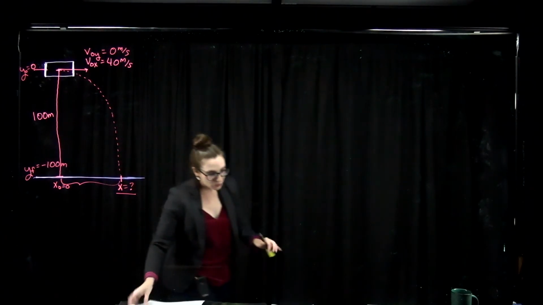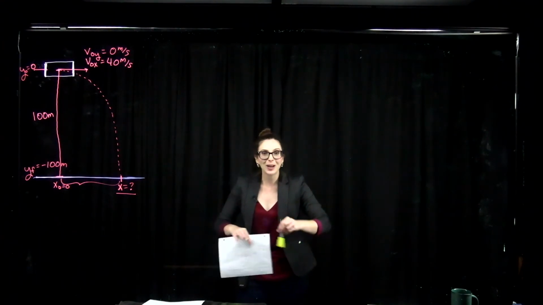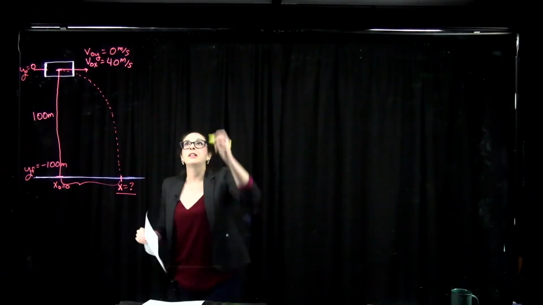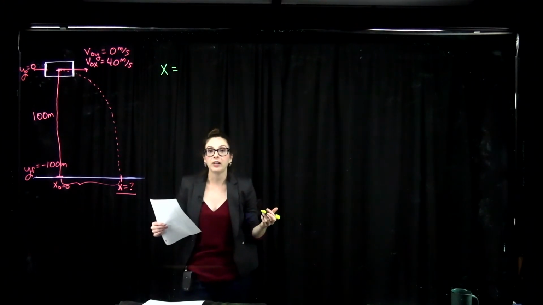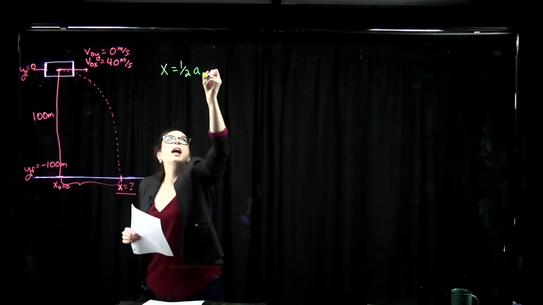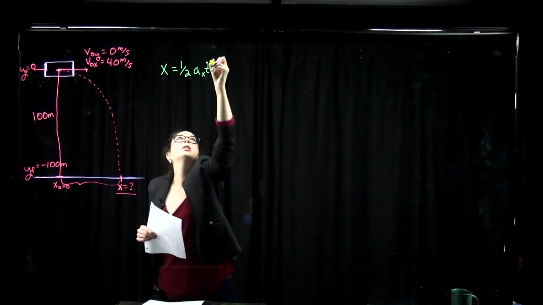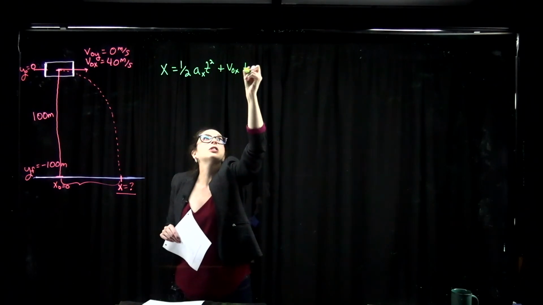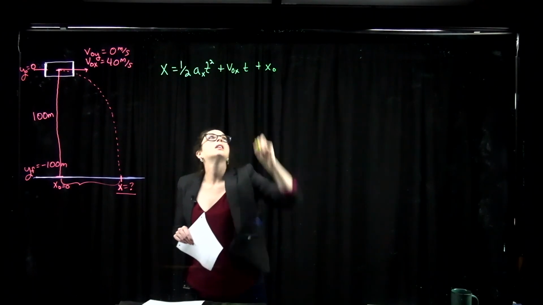Now we can solve the problem for how far away our package lands in the horizontal direction. Using our equation sheet, we'll look to see what equations might be useful for us. I'm going to start by writing down this equation here. It makes sense, since I want to look for the final x position. So x is equal to 1/2 a_x t squared plus the initial velocity in the x direction times time plus the initial x location.